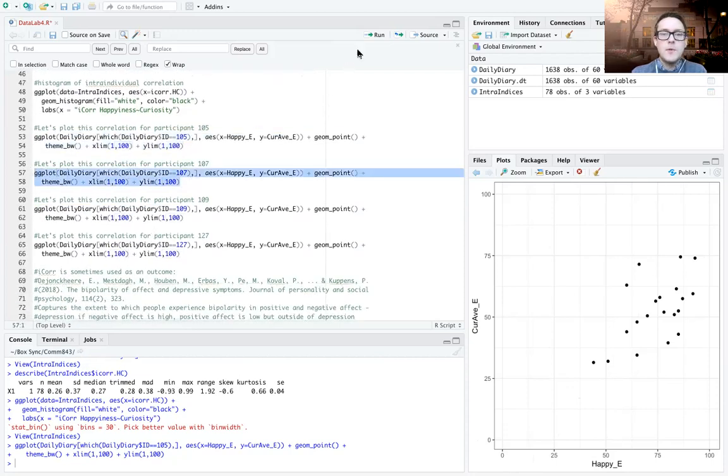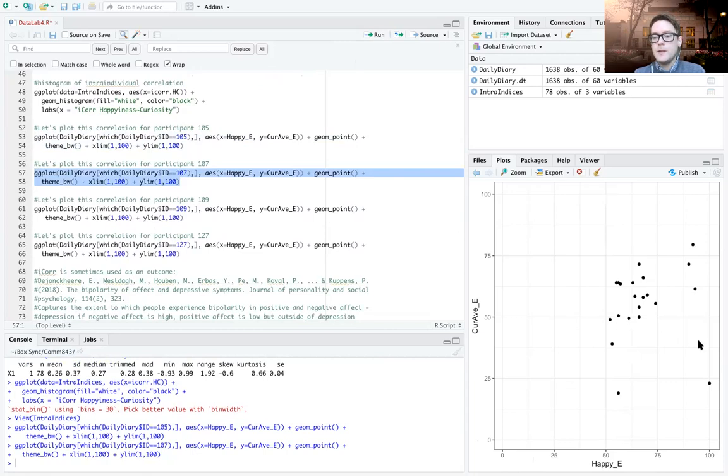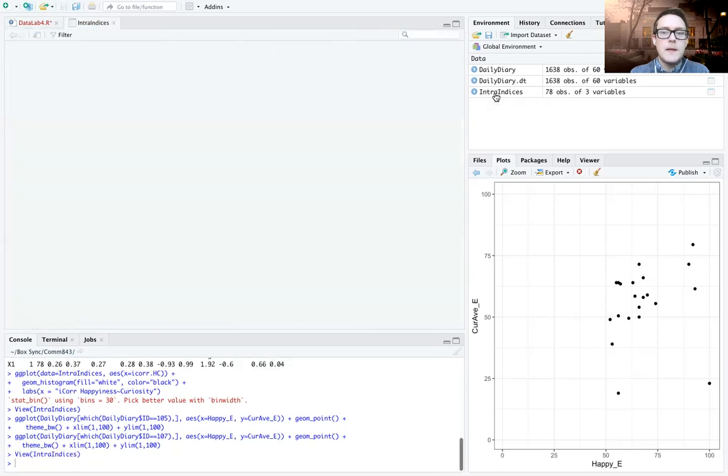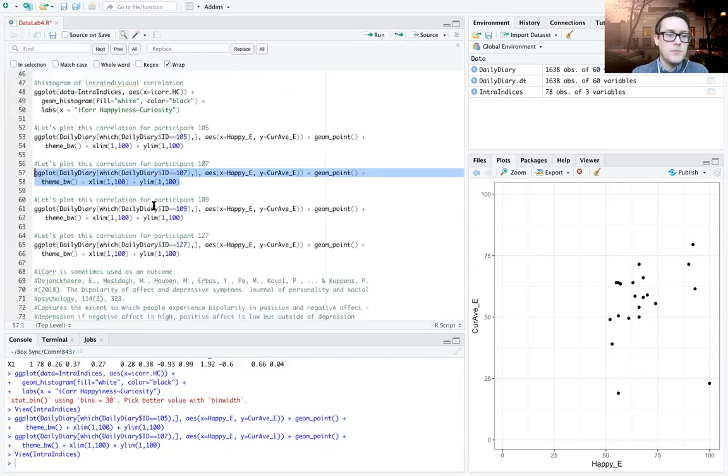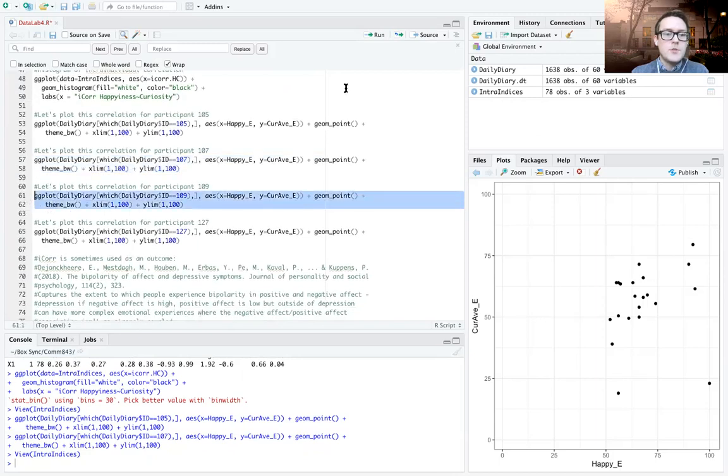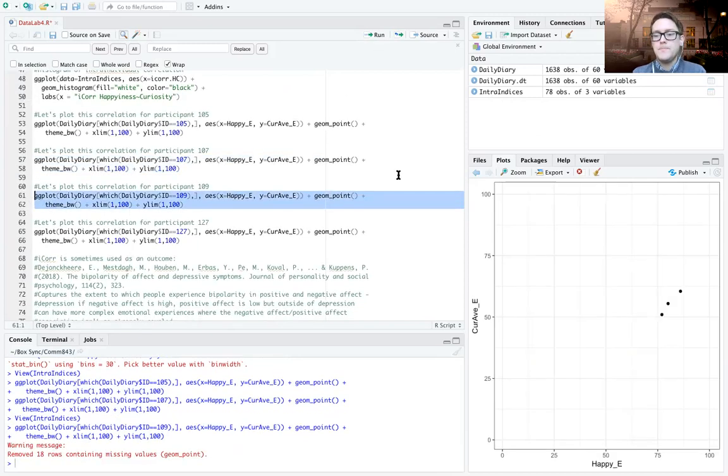If we look at participant 107, they had a smaller correlation, and you can tell there's no clear linear association going on here, at least when you eyeball it. Their correlation was 0.13, so pretty small. And just for fun, let's do it for another person.